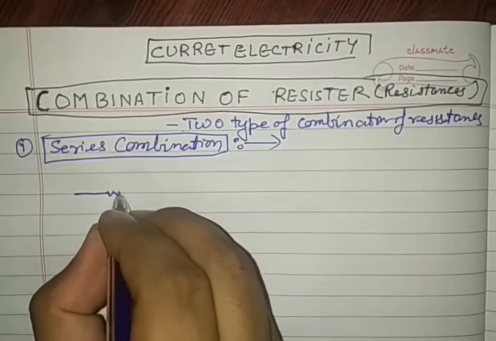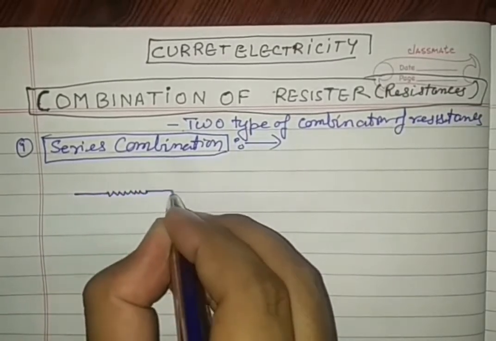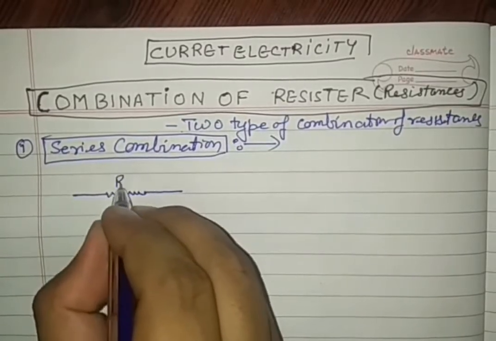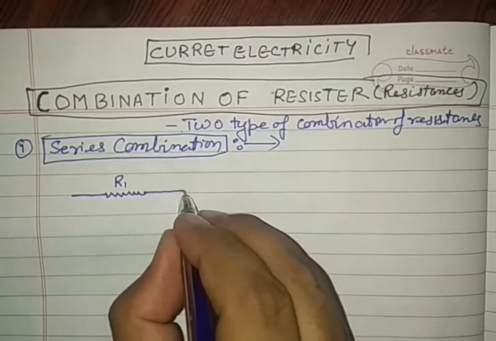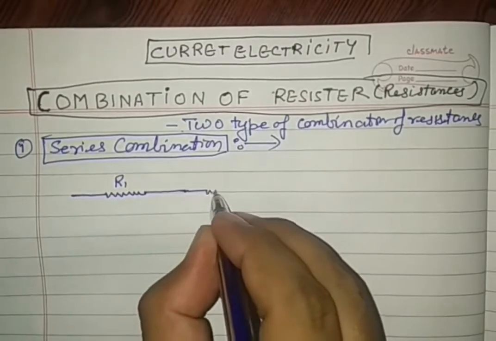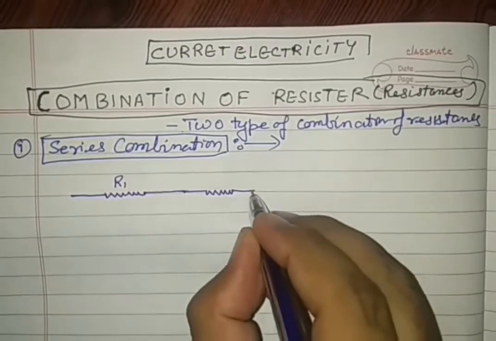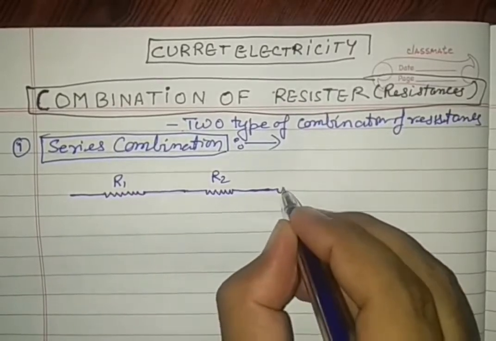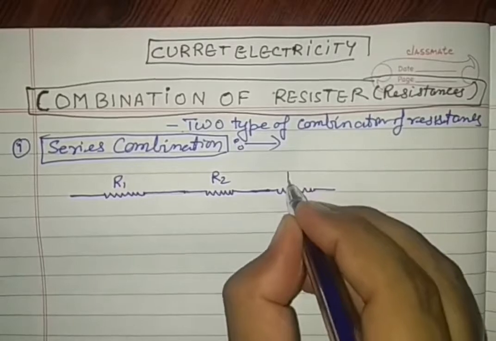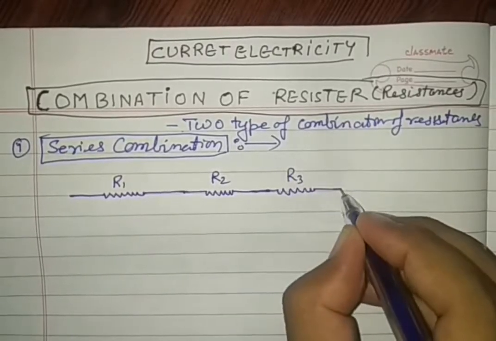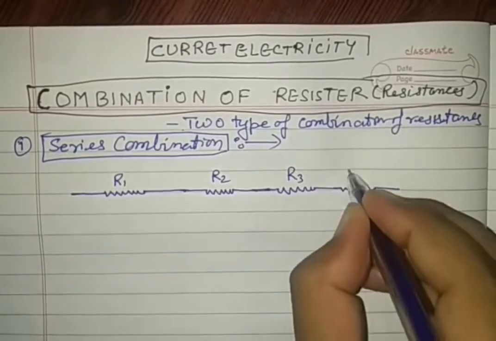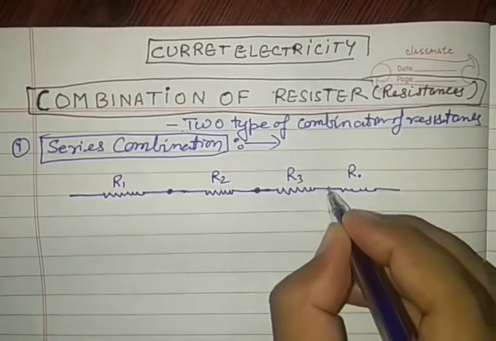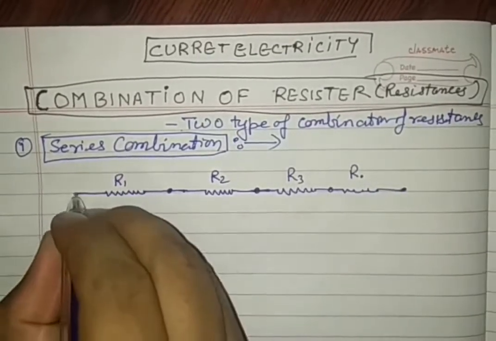Let this be the symbol of one resistance. Let the first resistance R1 be connected with another resistance R2, then the next resistance R3, then R4. The resistances are connected this way, one by one.